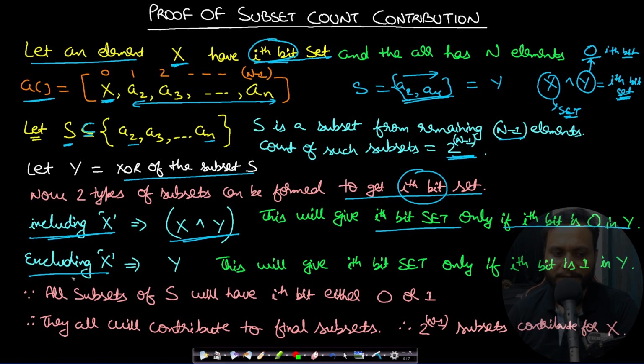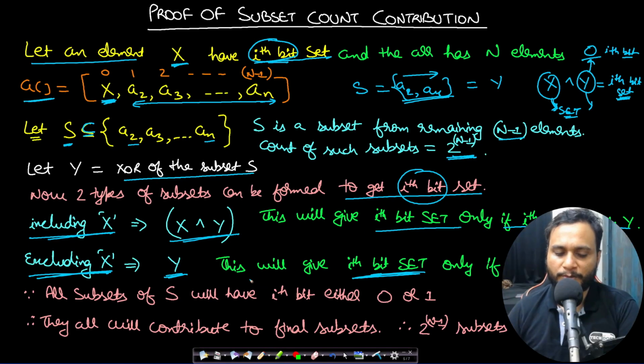And if you consider the cases where I will not include this X in our final subset, that is also possible, right? And that I will always do if Y's ith bit is set. Because if Y's ith bit is set, you cannot include X. Otherwise X's ith bit is set and Y's ith bit is set, so the XOR value will give you 0 for the ith bit.